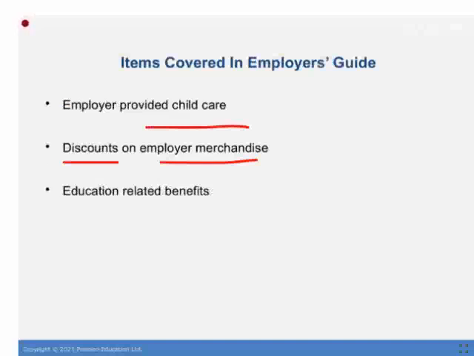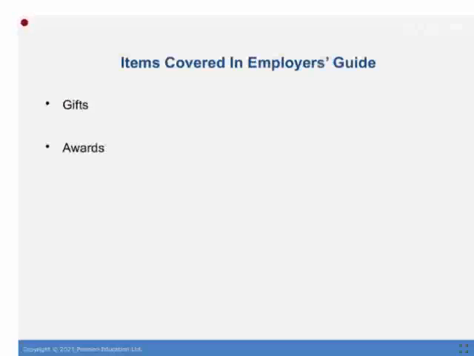Discounts. How do we treat discounts on employer merchandise? Education, if they're paying for courses. Gifts, as I mentioned before, or awards, a 10-year service award or some sort of a Christmas gift or something like that.